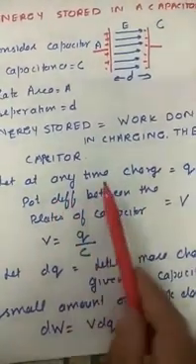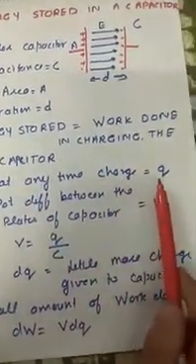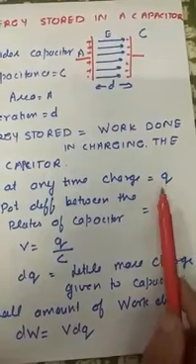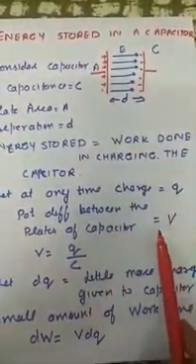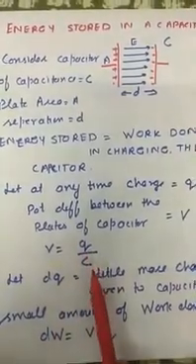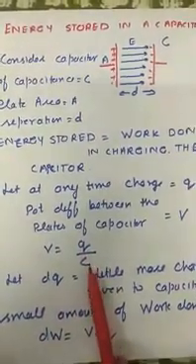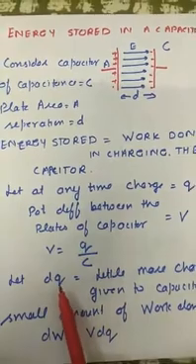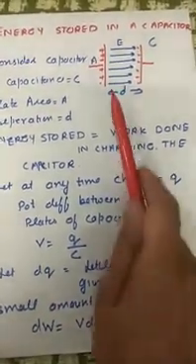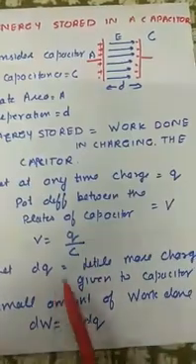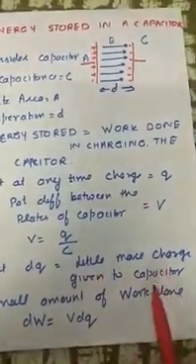Let at any time during charging the charge be Q, and at that time the potential difference between the plates is V, so V is equal to Q upon C. Now we go on charging, so let dq be a little more charge that we are giving to the plate, a very small charge.